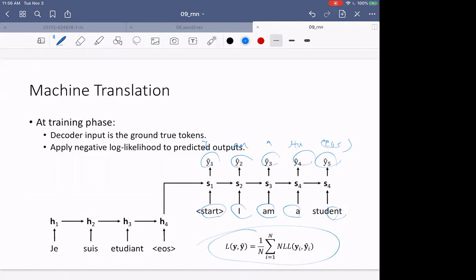So this is NLL of y1 hat comma I, plus NLL of y2 hat comma M, plus all the way to plus NLL of y5 hat comma EOS, and then you just do 1/5, just normalize.